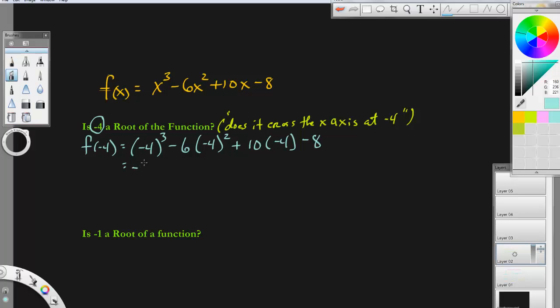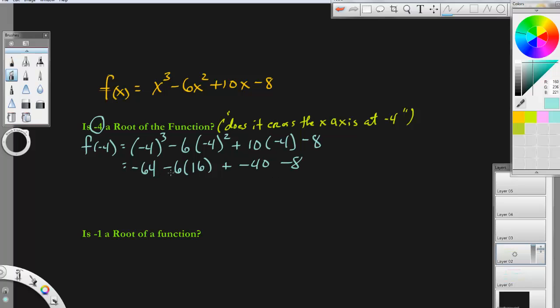This will be -64. This is -6 times 16, which is -96, plus -40 minus 8.